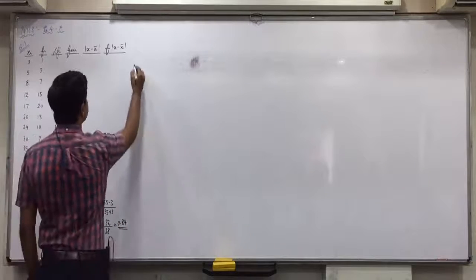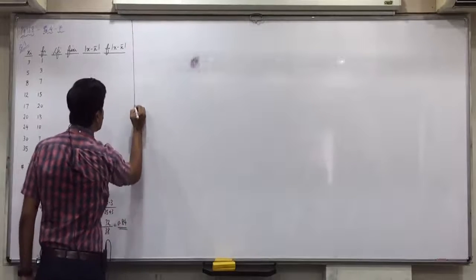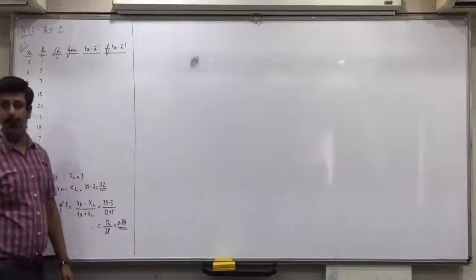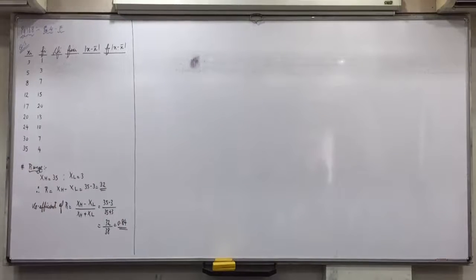Any doubts on this? So range is completed and coefficient of range also. Anyone still writing it except the latecomers? Raise your hand. Completed all? Yes. Any doubts up till here?